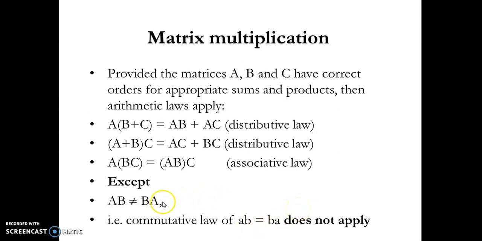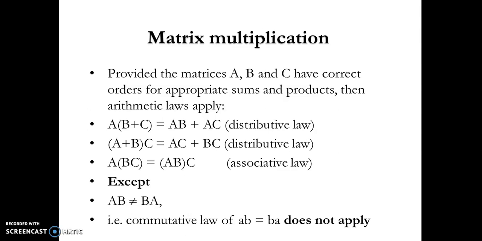However, with matrices, the product of AB is not going to be equal to the product of two matrices B, A, right? So saying matrix A times matrix B is not going to give you the same answer as saying matrix B times matrix A. There are some exceptional cases, right, where the commutative law would apply, but those are just exceptions to the rule.